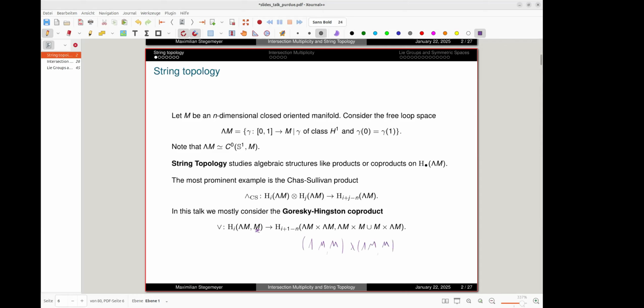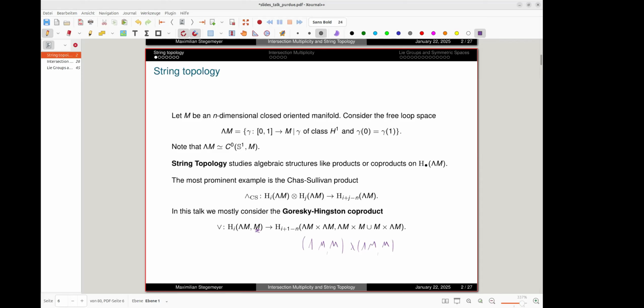There was lots of interest in recent years in this Goresky-Hingston coproduct, and in this talk I want to show how you can use quite geometric ideas of looking at self-intersections of loops to make some statements about the coproduct. And this is where this notion of intersection multiplicity comes in.